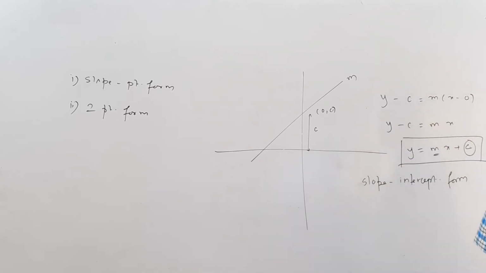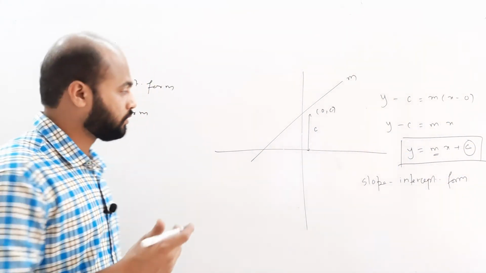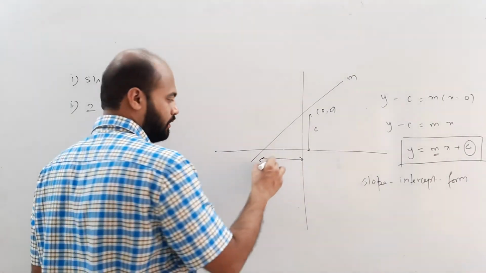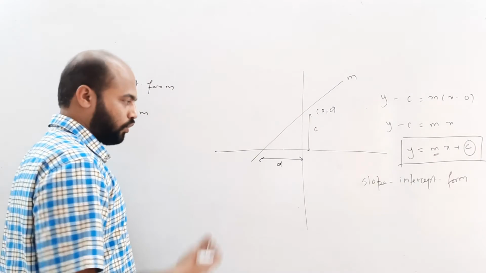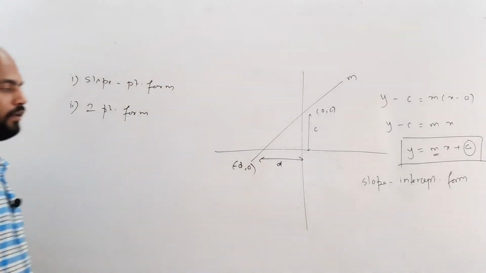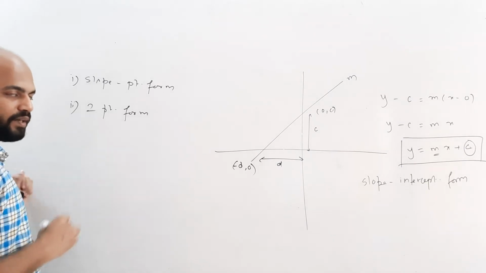Now same equation can be written with respect to x-intercept as well. Let's say that instead of c, we were given the x-intercept, that is d in this case. Let's say d is the x-intercept. So obviously this point is going to be minus d comma 0, and now I can still apply the slope point form for that particular point because the slope will remain the same.